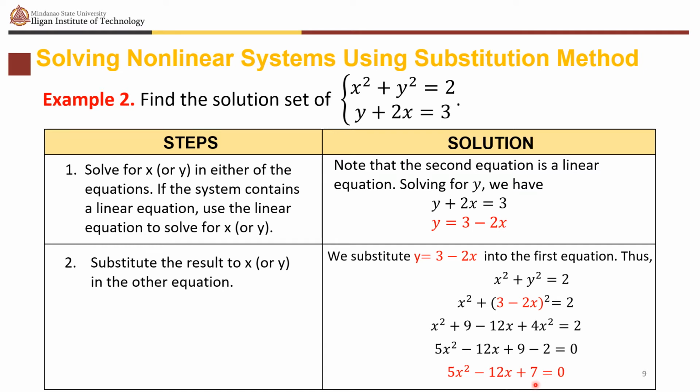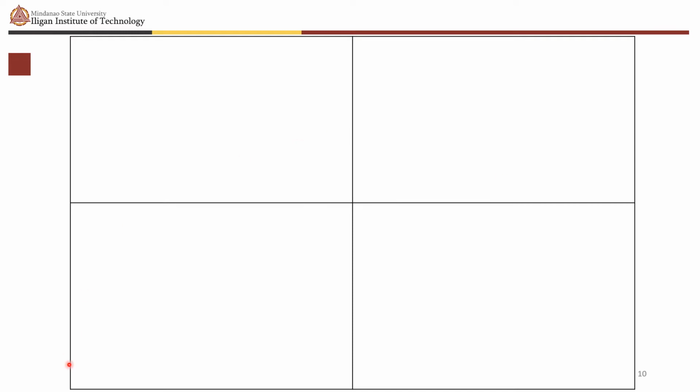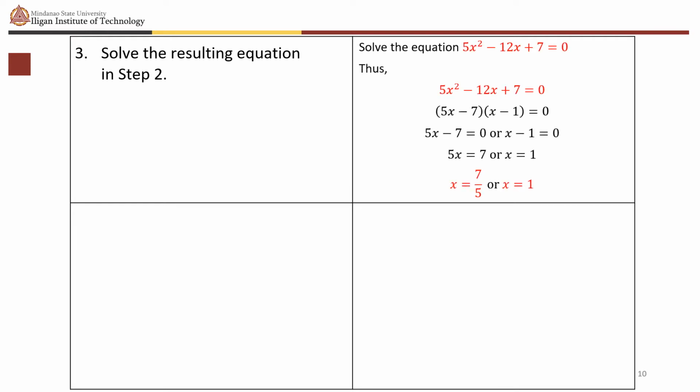So from here, we now go to step 3. Solve the resulting equation in step 2. Solve the equation 5x squared minus 12x plus 7 equal to 0. And we can factor this out as 5x minus 7, x minus 1 equal to 0. Why?